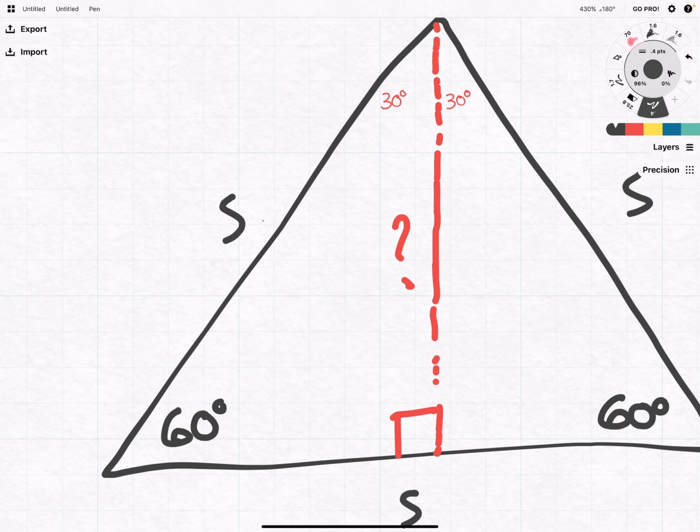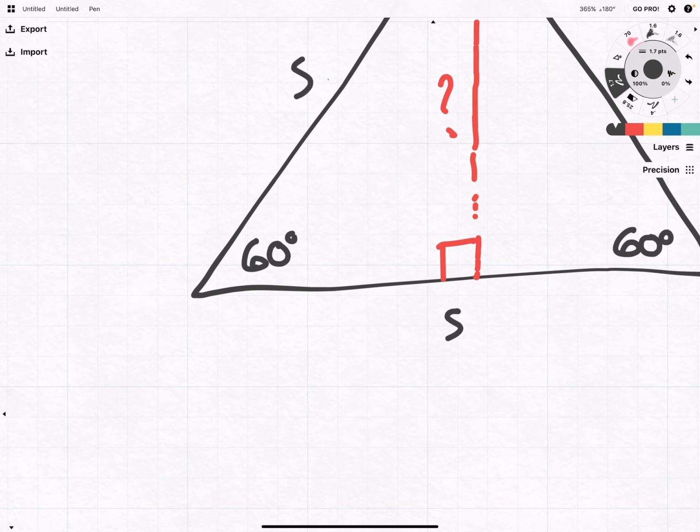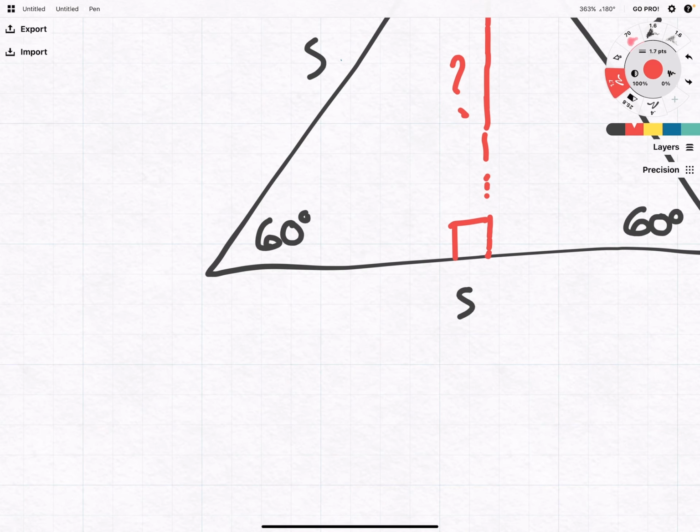What about this? We've got a right angle, so that's 90 degrees. So we have 90, 60 here, and 30 here. Good. Now this bottom length of our half triangle: if the full length is s and we cut the triangle in half, then the length is going to be 1/2 s.